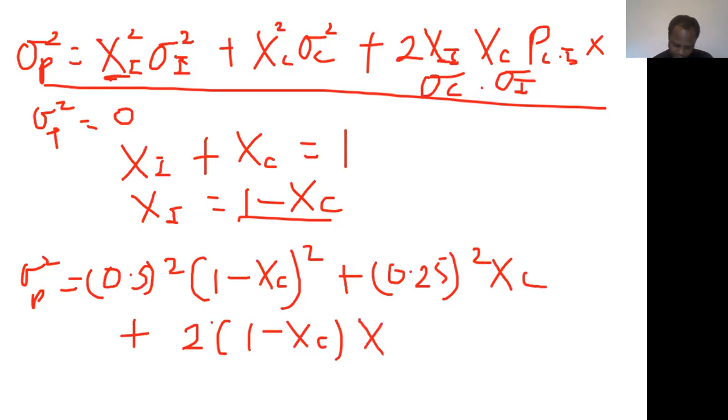And then the correlation is -1, so times -1. The volatility of this one is 0.5 multiplied by 0.25. Great.